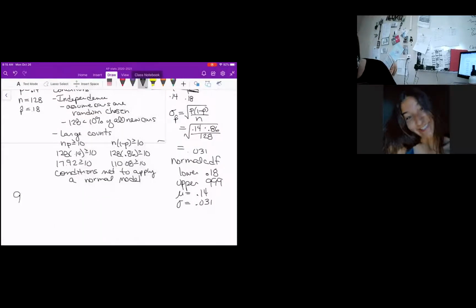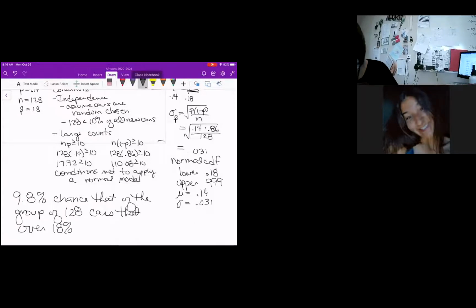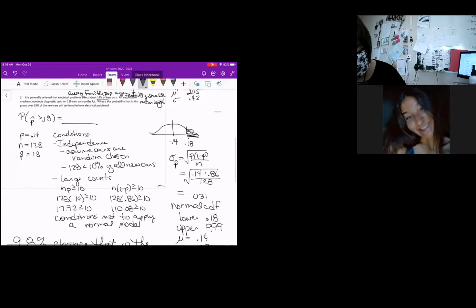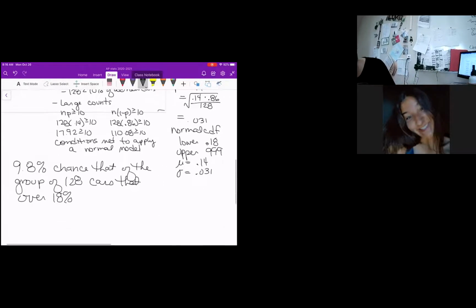So there's a 9.8% chance that of the group of 128 cars, over 18% will be found to have electrical problems.